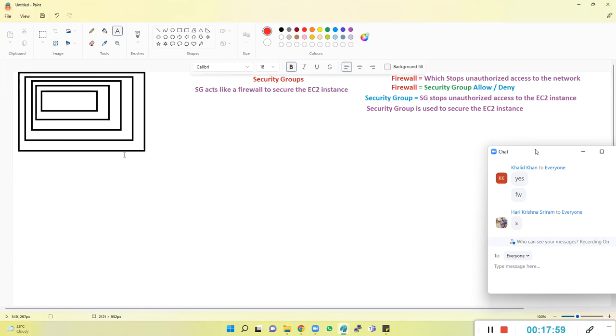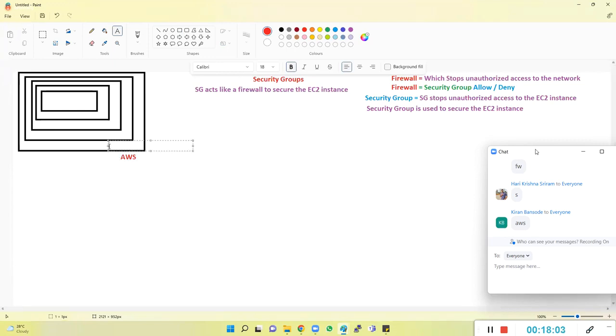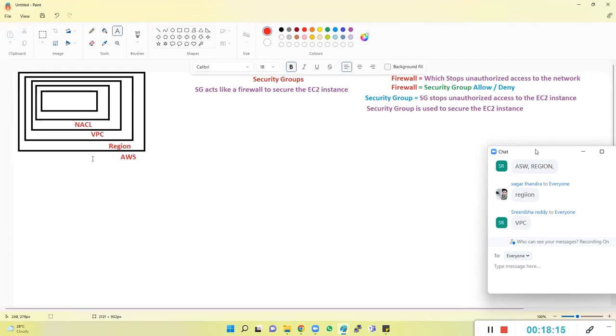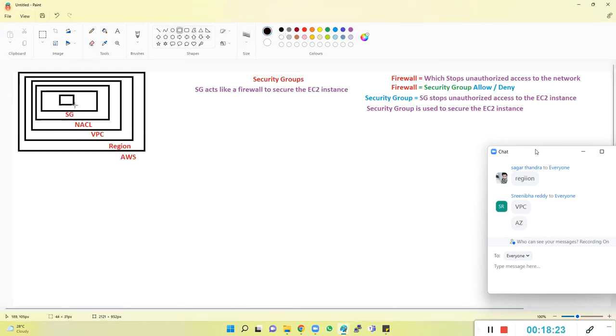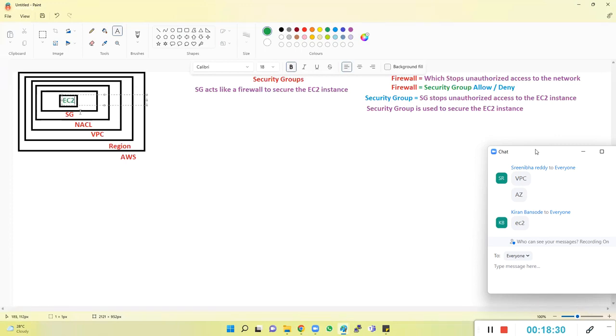You know very well the outer layer is AWS and the inner layer is region. And then we have what? VPC. Guys, inside the VPC, I'm writing a new word, NACL. I'll talk about that, don't worry about this word. After that, we have security group, right? After that, we have the EC2 instance.